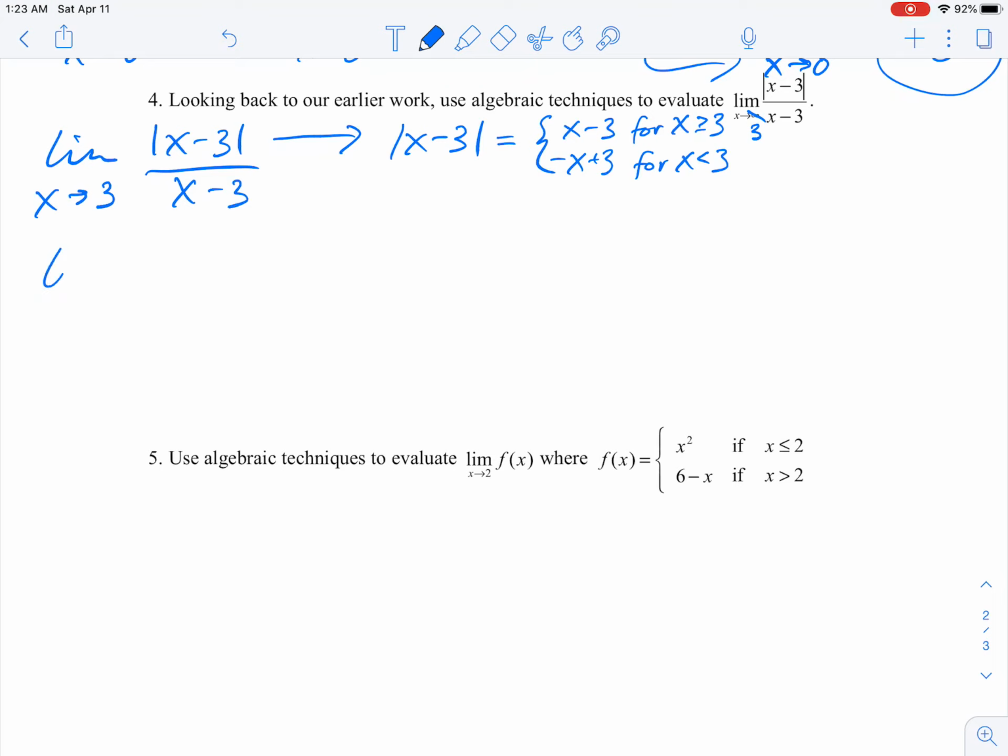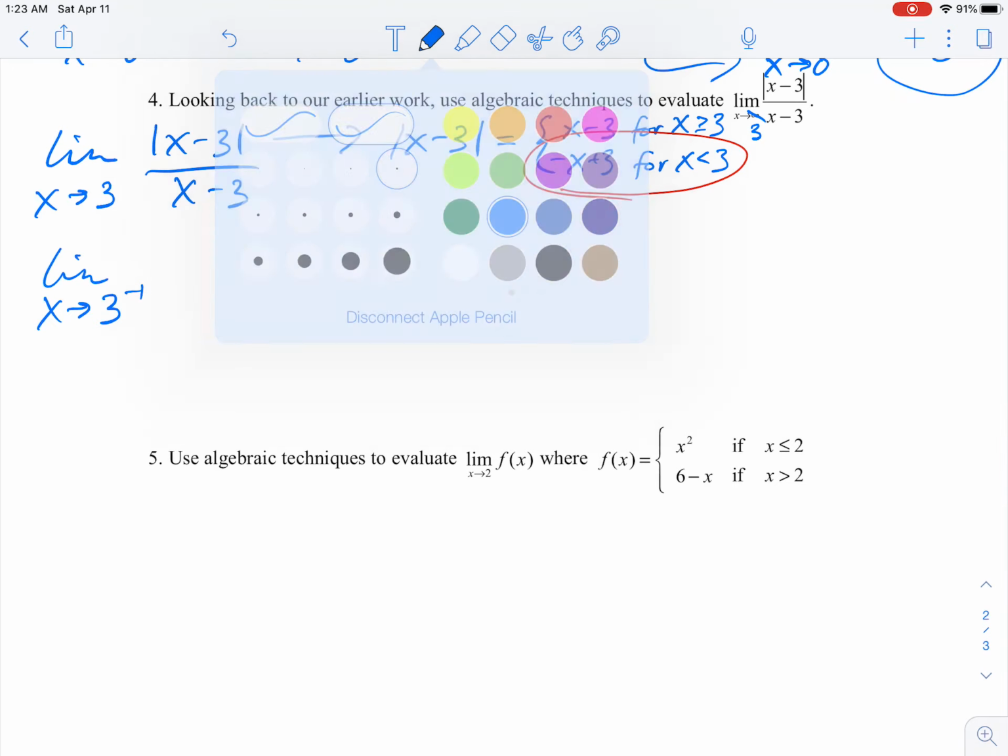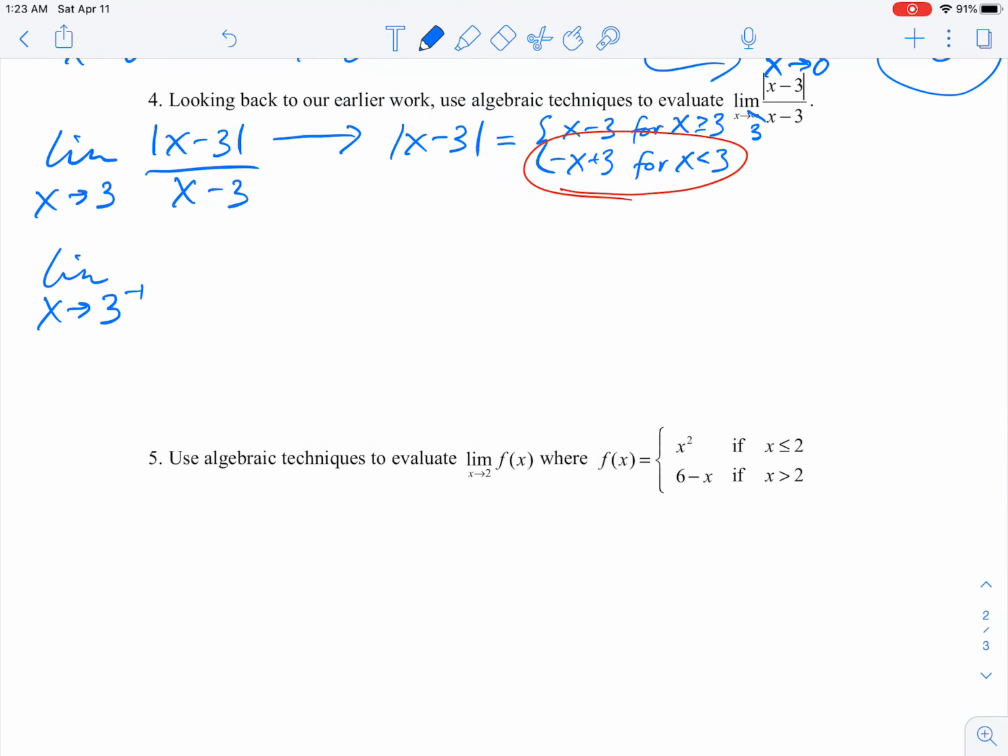Okay, so as we think about the limit as x approaches 3 from the left, we will be using this component in our expression. So rather than writing absolute value of x minus 3, if we're coming in from the left, we would write negative x plus 3 over x minus 3.